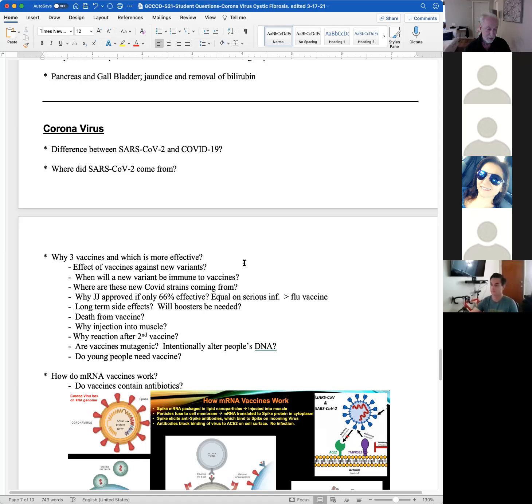It's not an antigen, but it just primes the immune system to react to the antigen. And the reaction of your body is actually to this adjuvant and not to the vaccine itself.